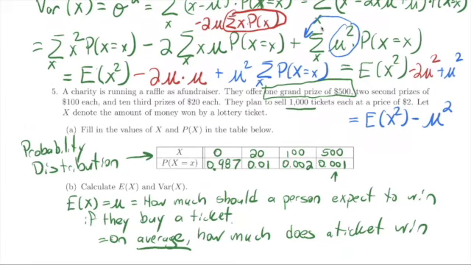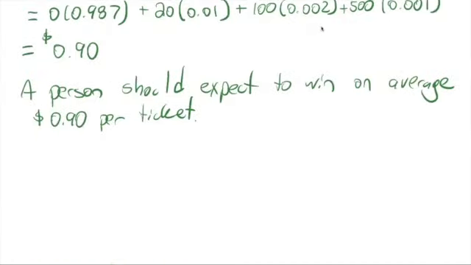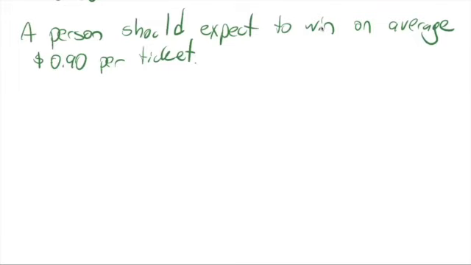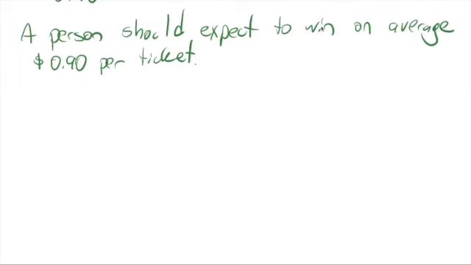Most tickets win no money, and only a few tickets win some money, but the money you win is quite different from 90 cents. So in some sense, we do have some spread of values here.